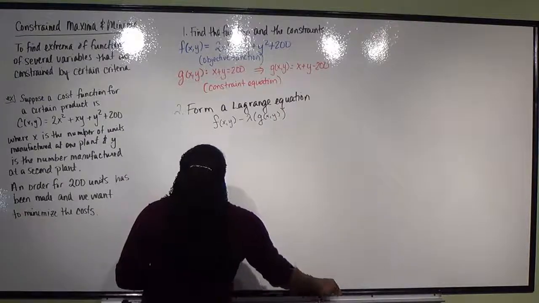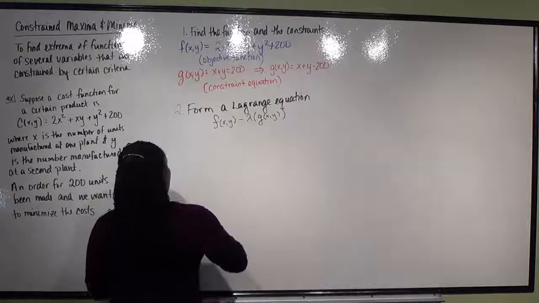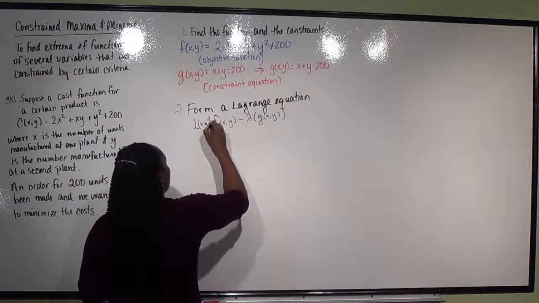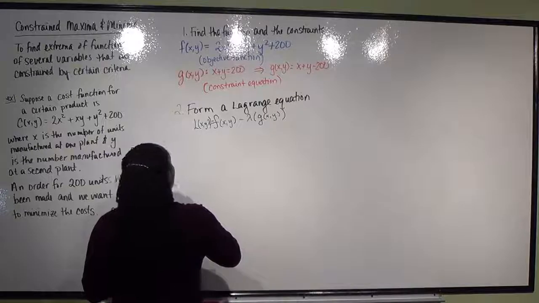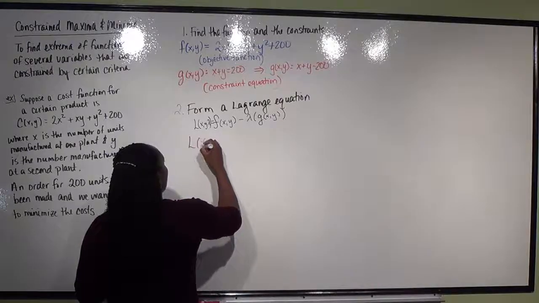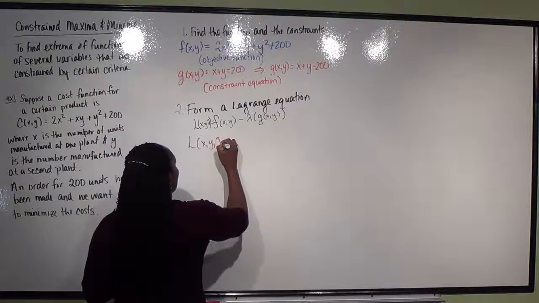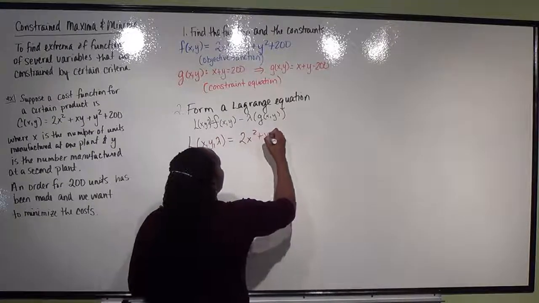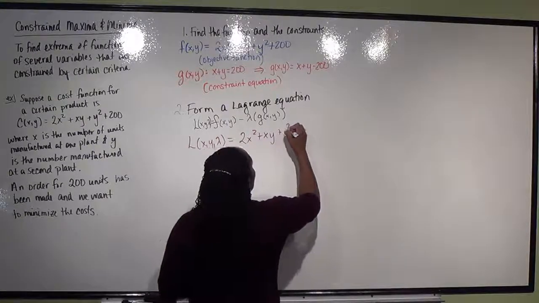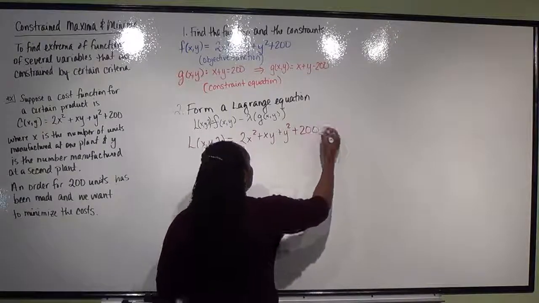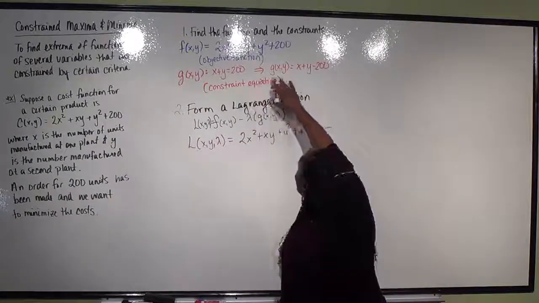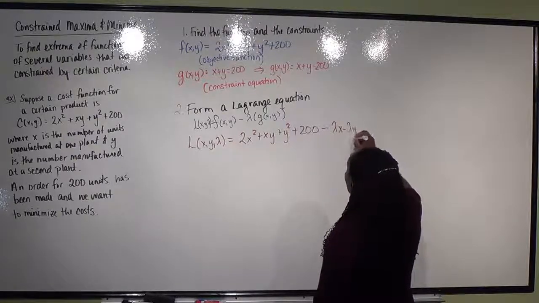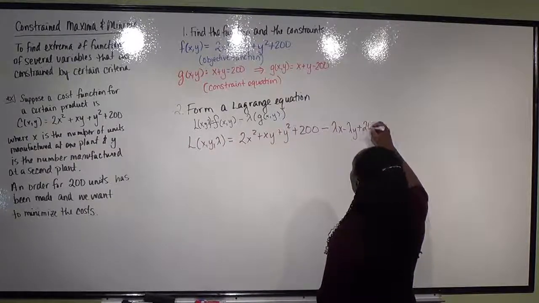So here, our Lagrange equation, and we're just going to call this L of xy lambda. So our L of xy lambda for this particular function is going to look like 2x squared plus xy plus y squared plus 200 minus lambda times g. So lambda x minus lambda y plus 200 lambda.